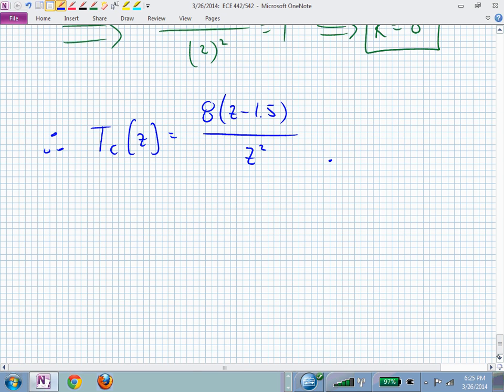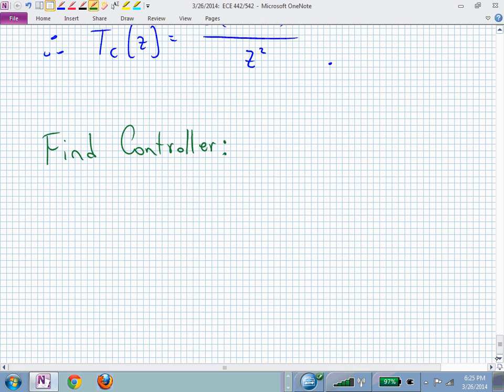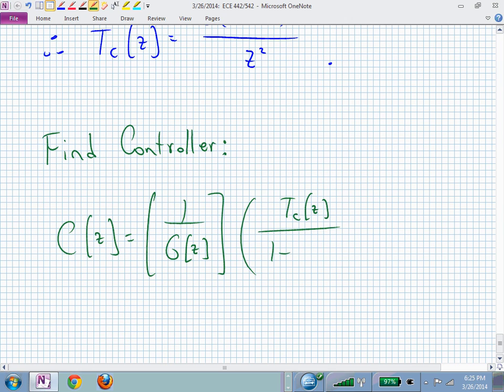Now we can do step 2, which is to find capital C of z, or our controller. And what was our design formula? C of z was this 1 over g of z all times t sub c of z over 1 minus t sub c of z. This was our design equation.